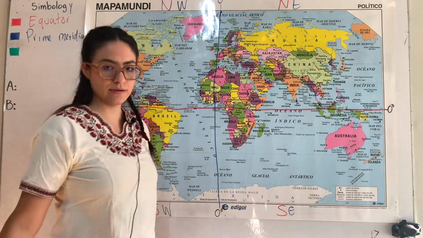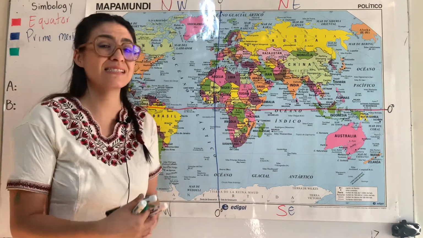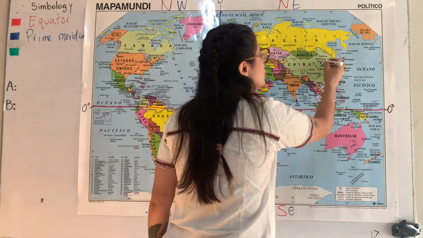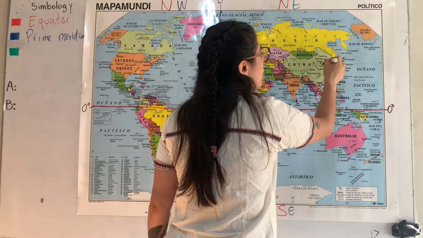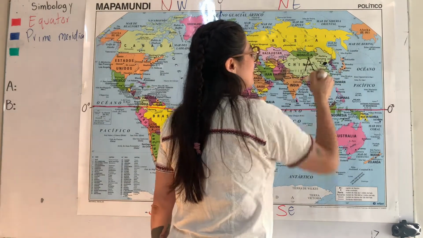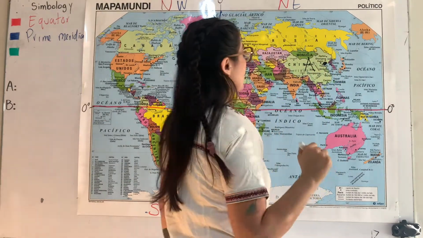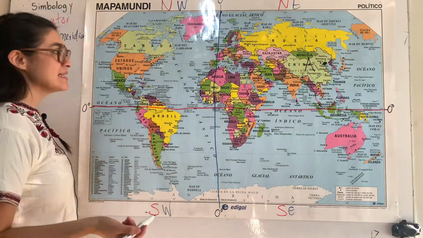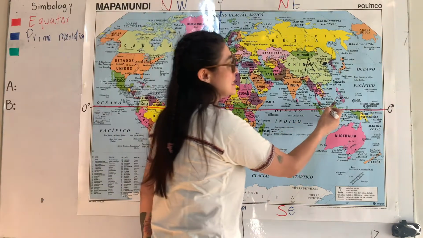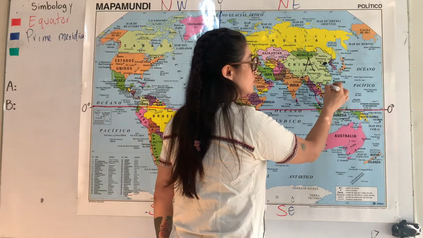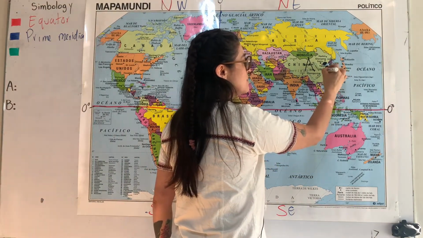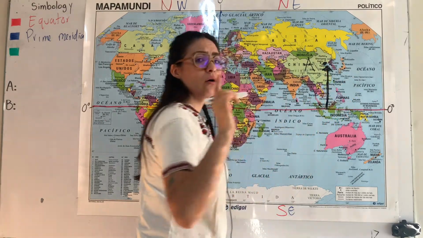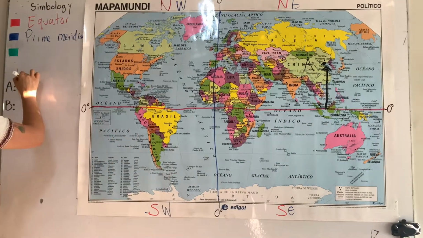So knowing this, how can we establish coordinates? How can we use coordinates? If I want to know the coordinates of this point, I'm going to call it A, this point A has something that is the distance between the equator and that specific point. The distance of this is what we call latitude.